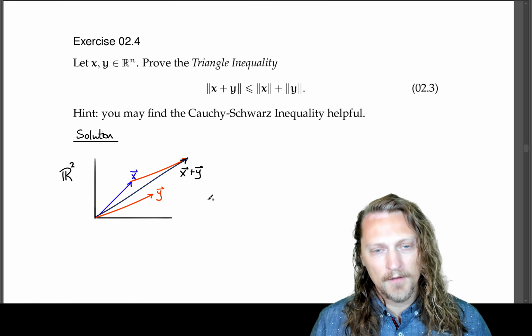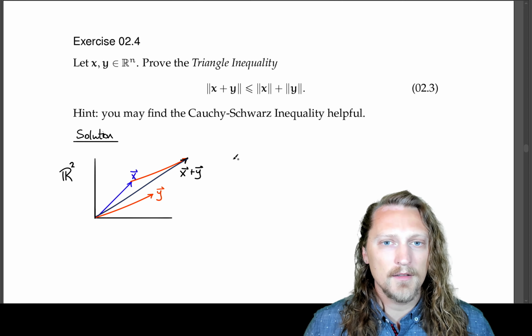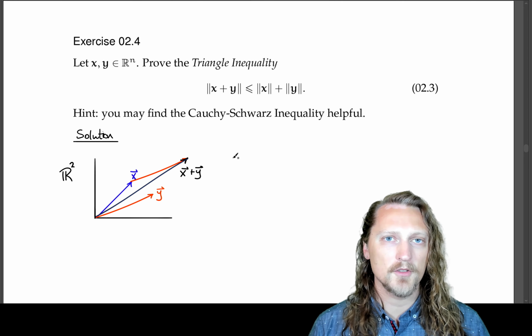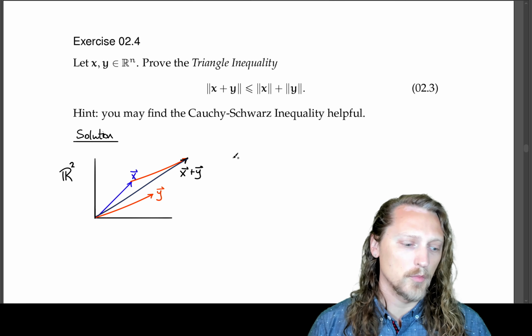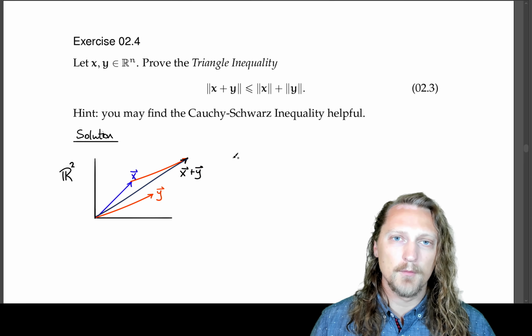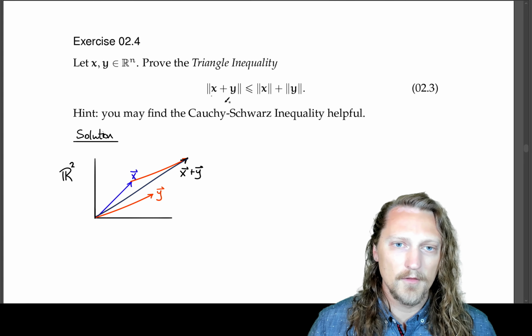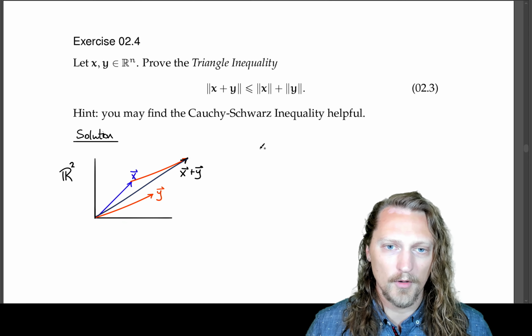So let's go ahead and do the mathematical proof now. We begin from the property that we proved in exercise 2.3, and we'll apply that directly to the norm of x plus y, and we'll square that norm.